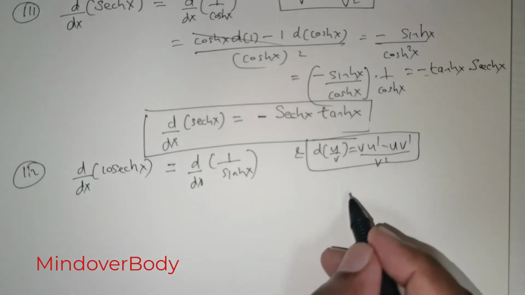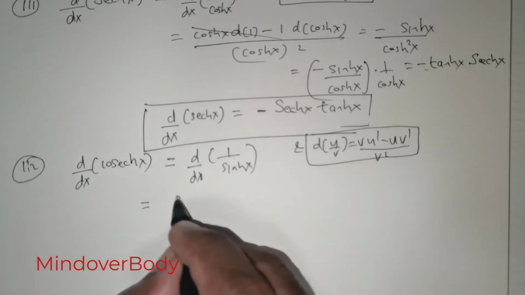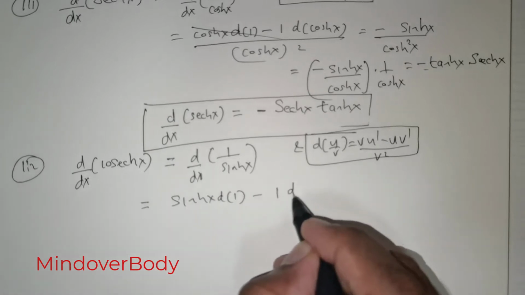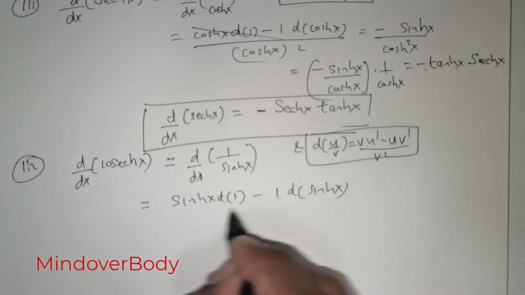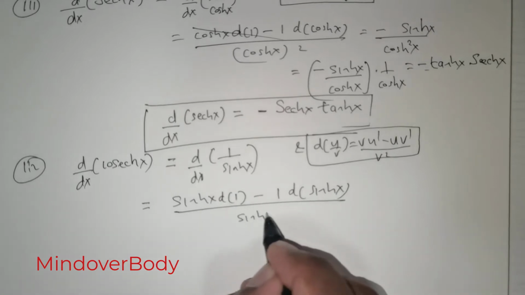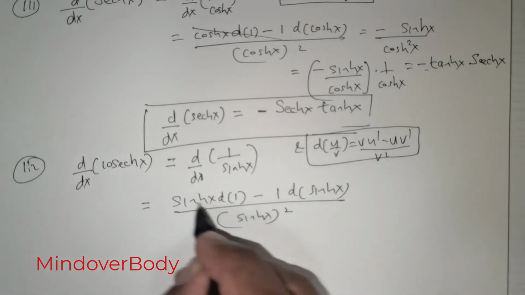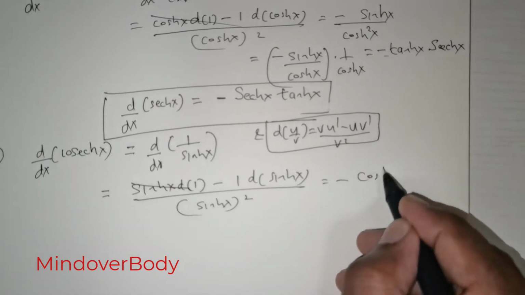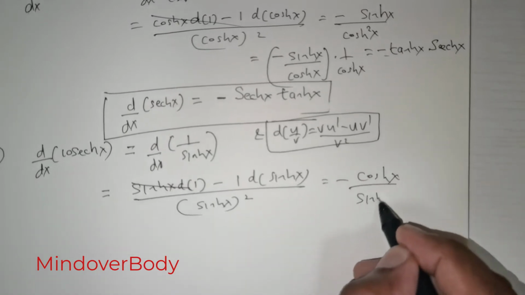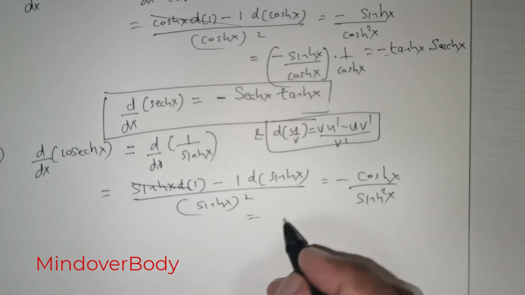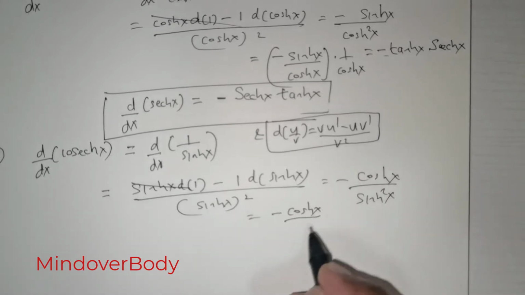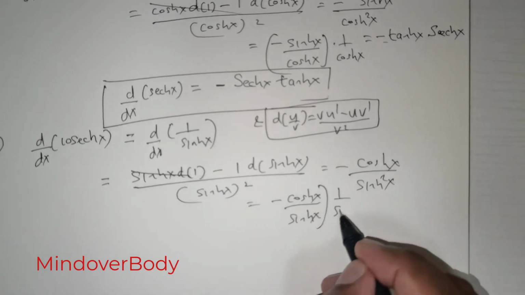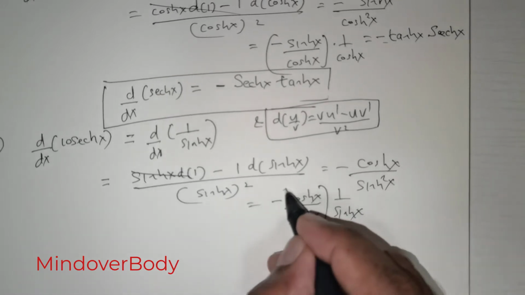So this is sinh x times d of 1, negative 1 times d of sinh x, divided by sinh x raised to the power of 2. This is 0. The differential of sinh x will give me cosh x divided by sinh squared x. I can rewrite this as negative cosh x over sinh x times 1 over sinh x.